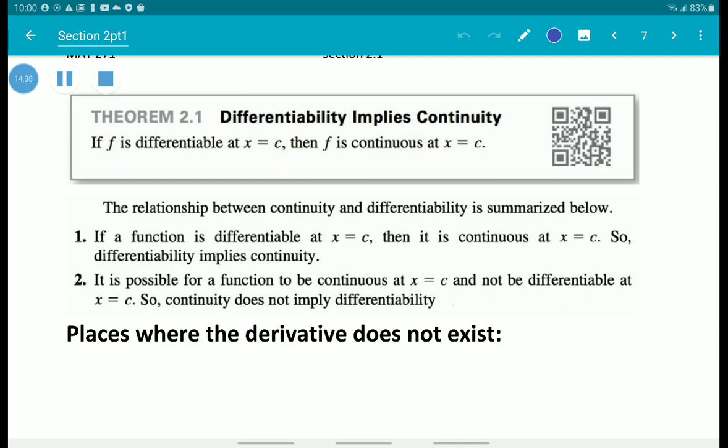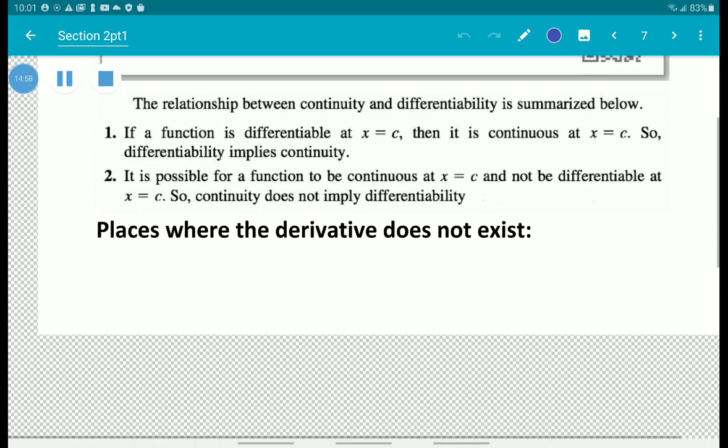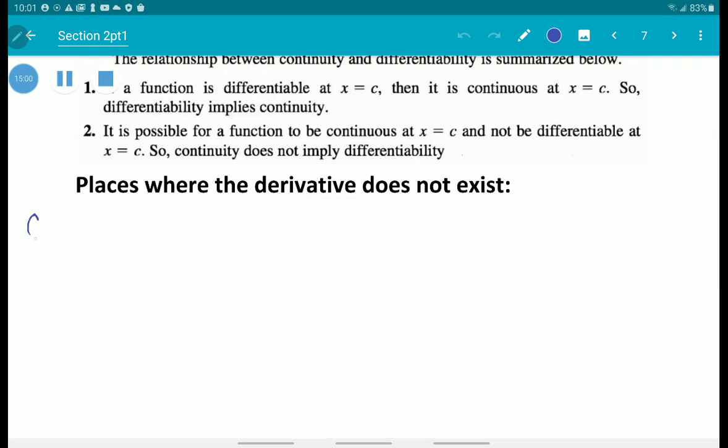Last chapter, we talked about the definition being a lot more formal than that. If you think back to last chapter, when we talked about continuity, three things had to happen. f of c had to exist.